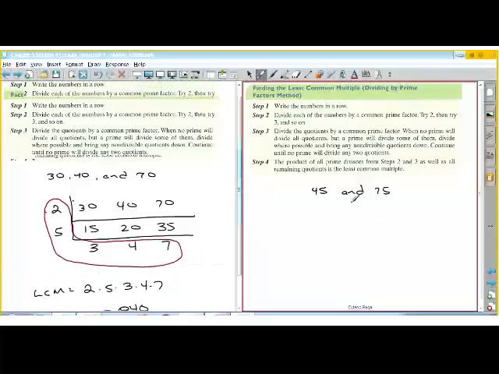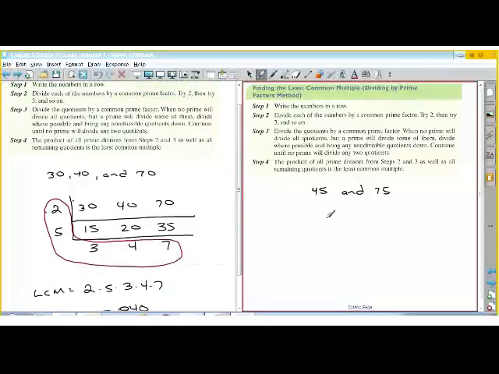Okay, now let's do these 2 numbers instead of 3 numbers. So again, can I divide by 2? No. Can I divide by 3? Yes. So 45 divided by 3 is 15, and 75 divided by 3 is 25.